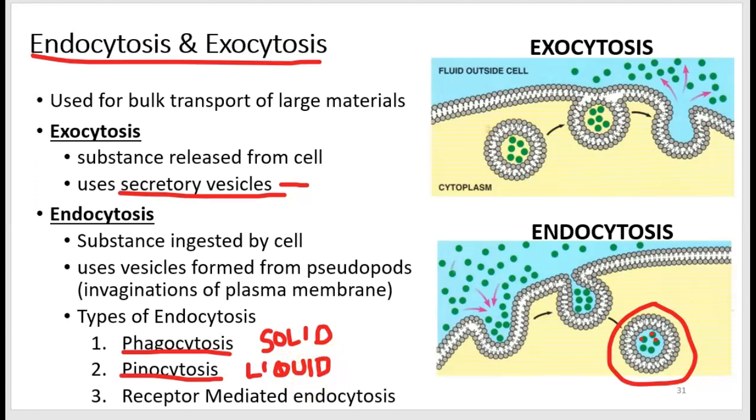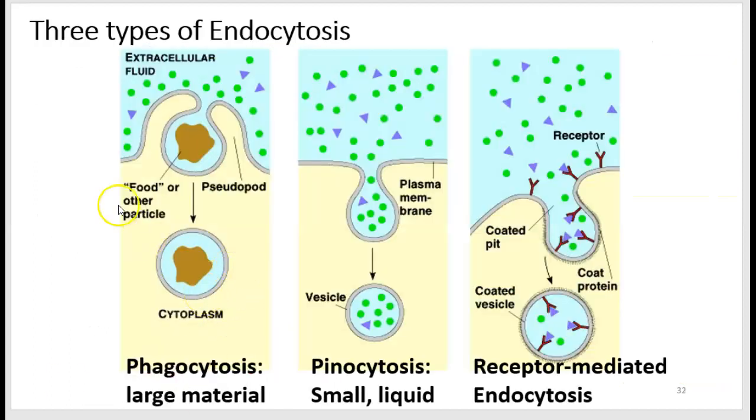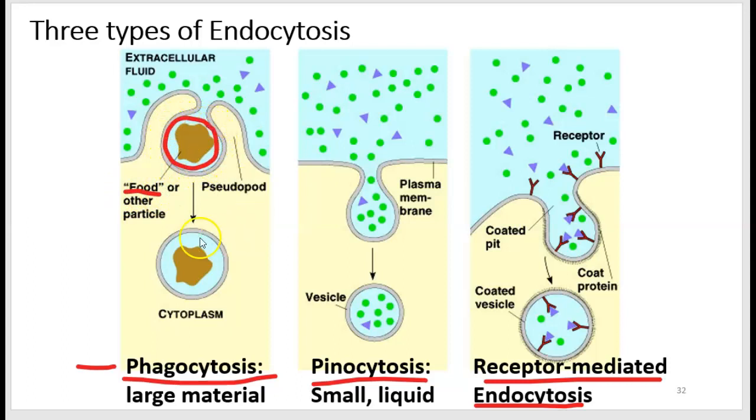Okay, so I'll show you these pictures that relate to them. So endocytosis, there's three types: phagocytosis, pinocytosis, and receptor-mediated. Phagocytosis is cell eating. Notice they've got this nice big food particle here, which is a little bit anthropomorphic, but nonetheless, something solid is being ingested. In pinocytosis, this is a liquid, or at least the compound is smaller.